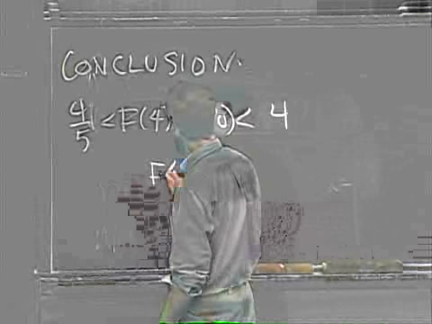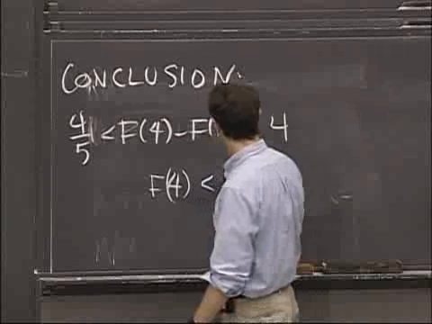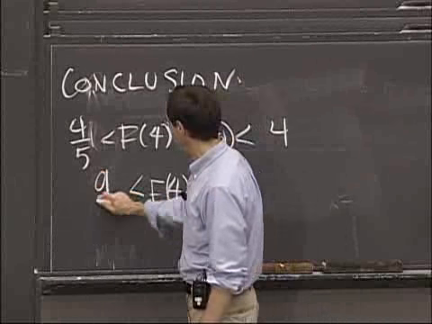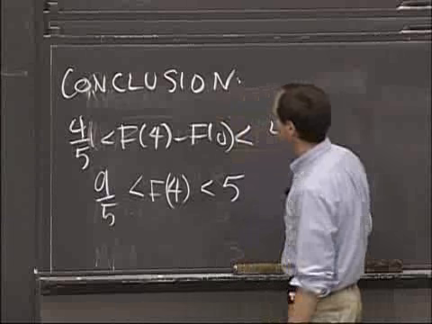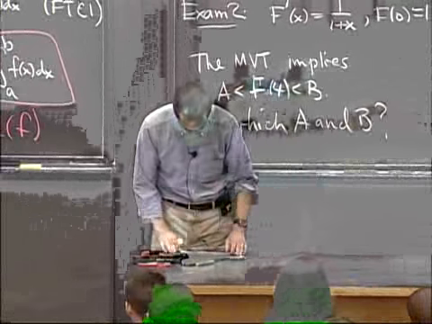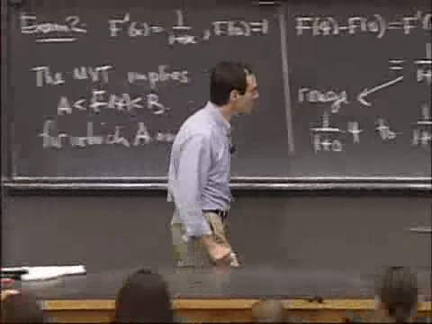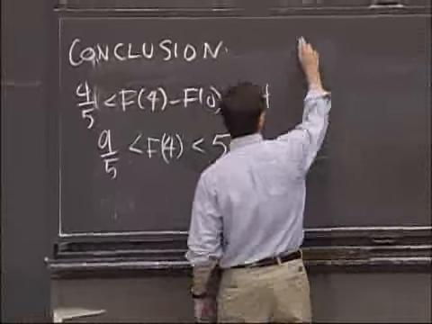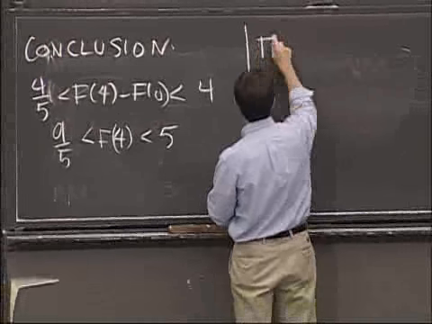And if you remember that f of 0 is 1, this is the same as f of 4 is between 5 and 9/5. All right, so that's the way that you were supposed to solve the problem on the exam. On the other hand, let's compare to what you would do with the fundamental theorem of calculus.